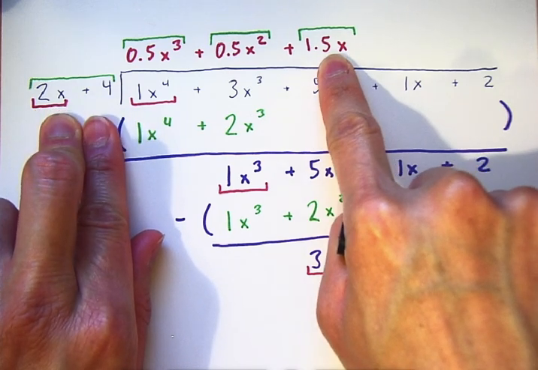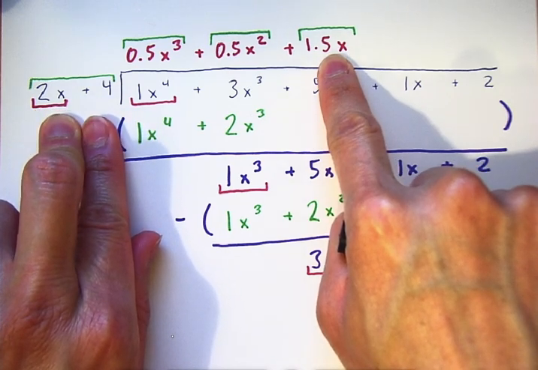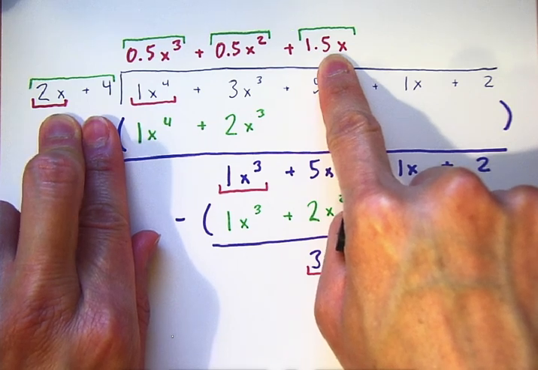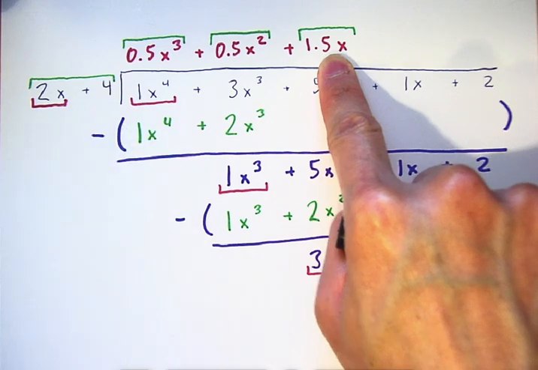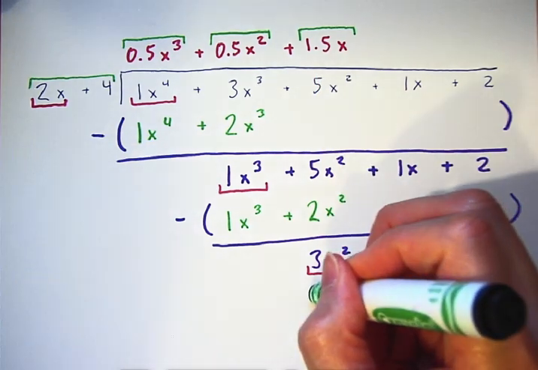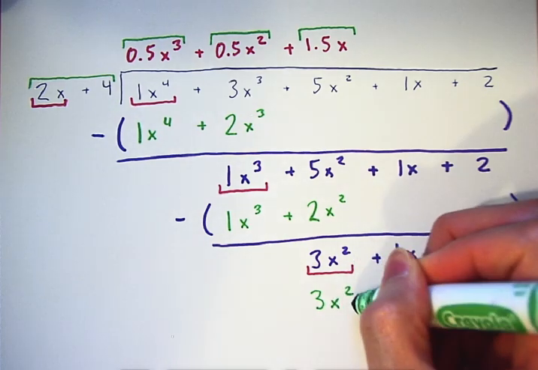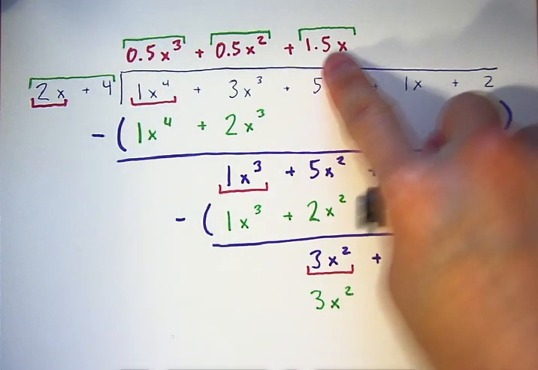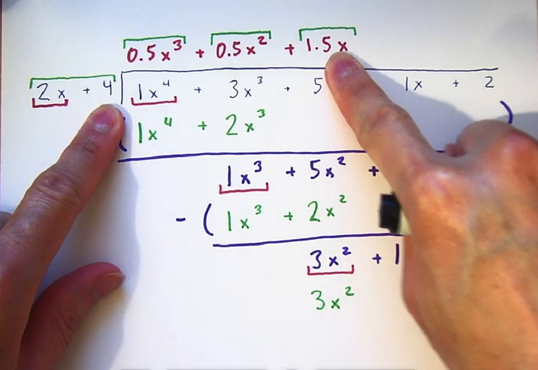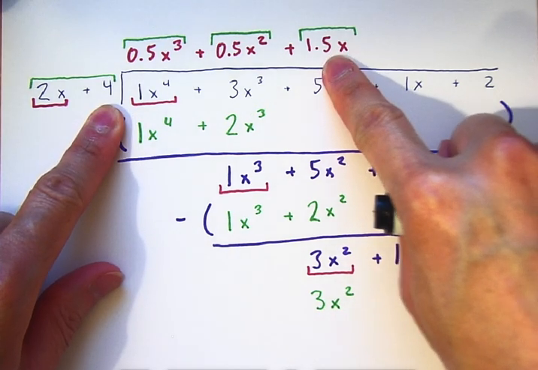Okay, 1.5x times 2x. 1.5 times 2 is 3. x times x is x squared. And notice they end up being the same again. 1.5x times 4, that ends up being 6x.